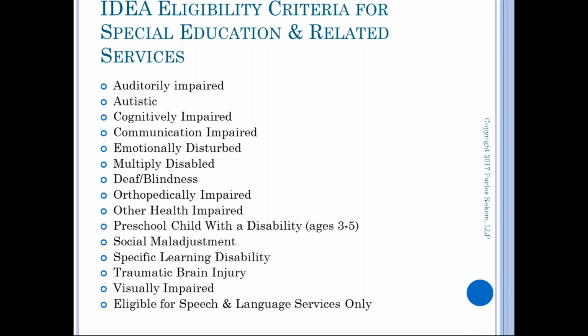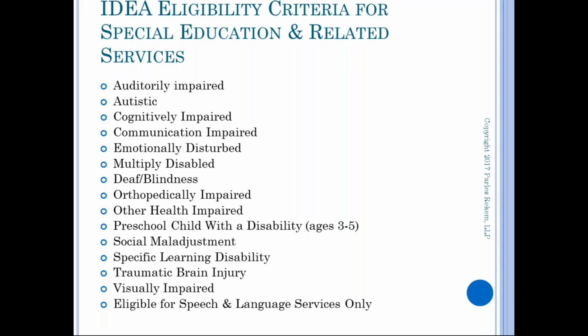I like to point out the category of emotionally disturbed, because we find very often that families are not aware that children with emotional disabilities, such as depression, anxiety, oppositional defiant disorder, school refusal, those are classifications under education law, just like specific learning disability, autism.